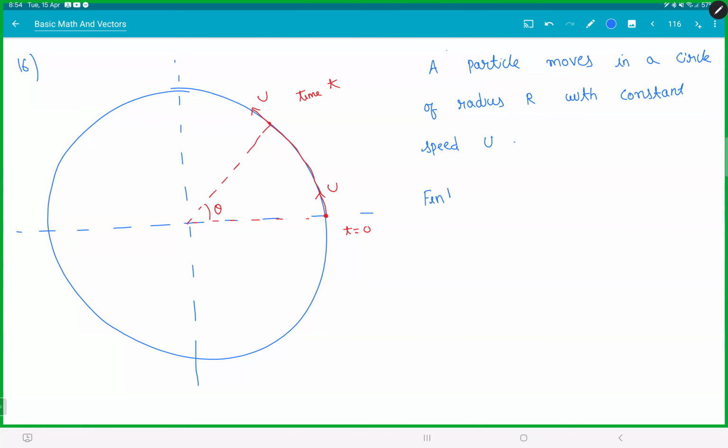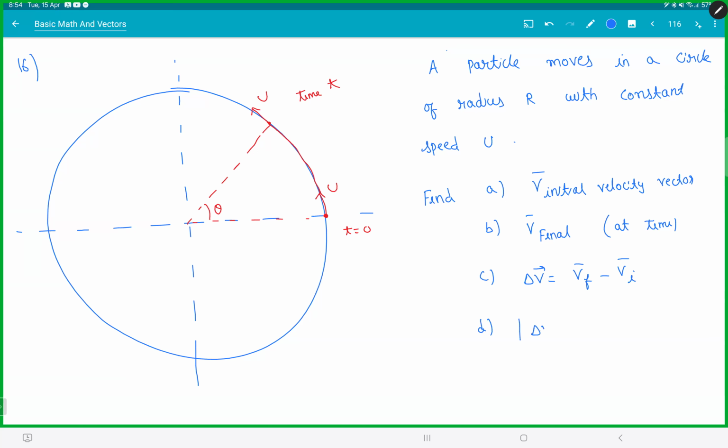First question, find the initial velocity vector. V bar is velocity. Find the final velocity vector. Final meaning at time t. So I'll just write the full word, initial velocity vector. Find delta V bar. Delta V bar is V final minus V initial.